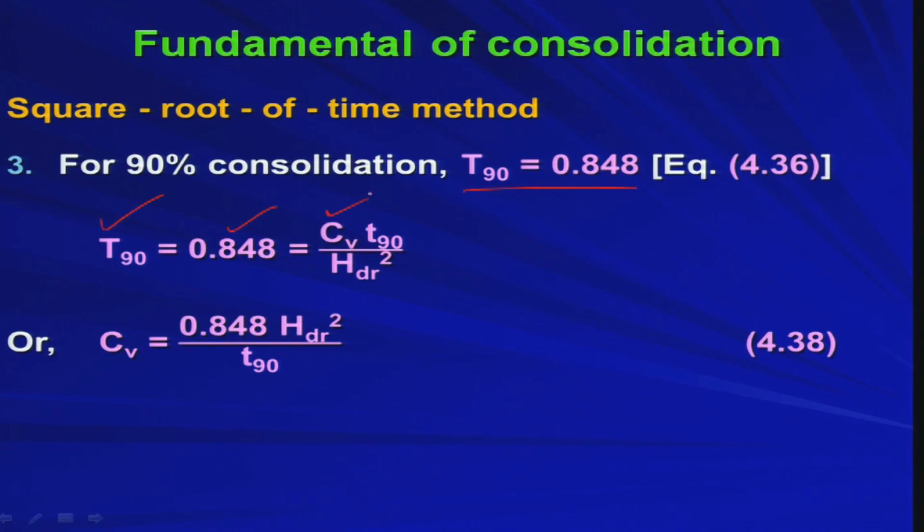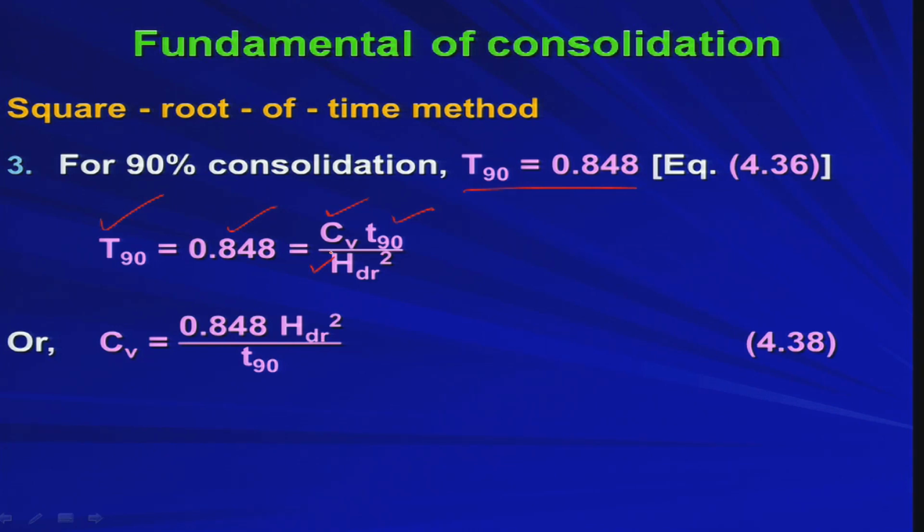Once you know the time factor at 90% consolidation, which is 0.848, CV is not known to you. T90 you have just obtained from the procedure, so you have root over T90. And this is your drainage path. It remains the same as we considered in the previous class: if you have a double drainage system, the drainage path will be half of the thickness of the specimen.